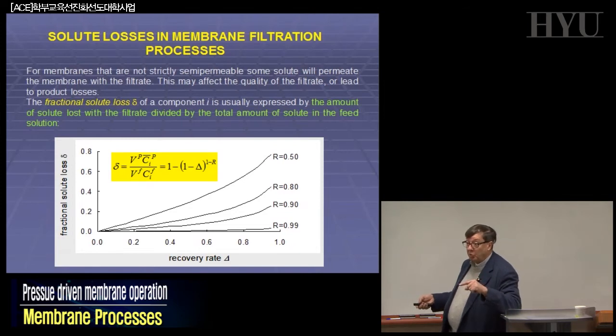If you want to produce ultra pure water for the electronic industry, for example, that's a typical case. In ultra pure water for the electronic industry, the loss of solute has to be zero. No way. If there is any very, very small amount, it's no longer ultra pure water, and the electronic industry cannot utilize it anymore.